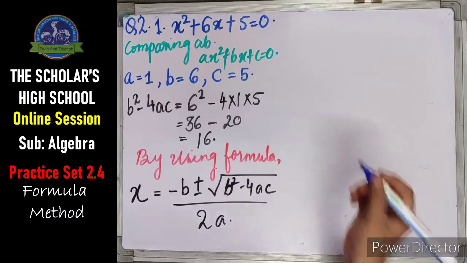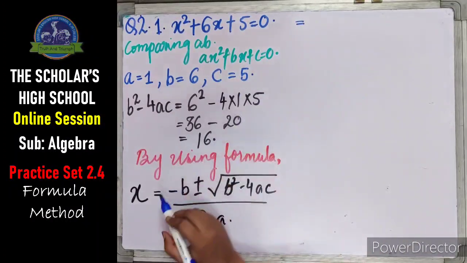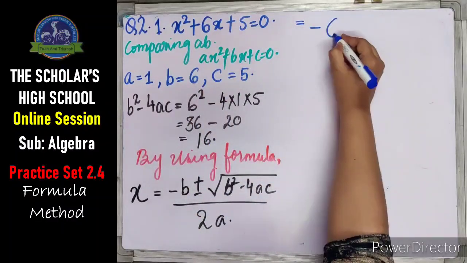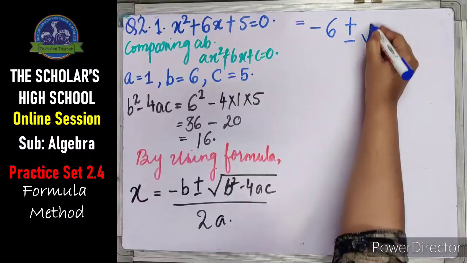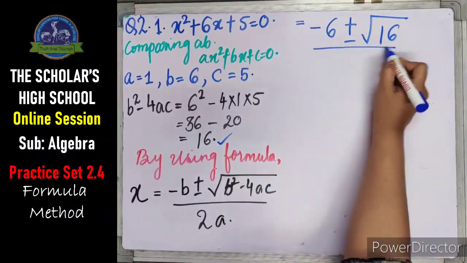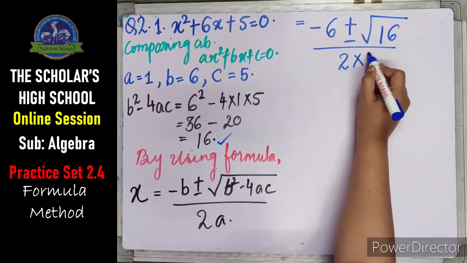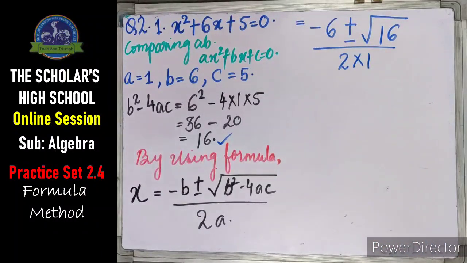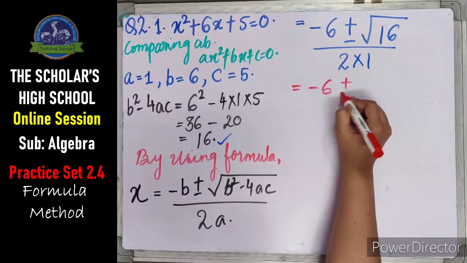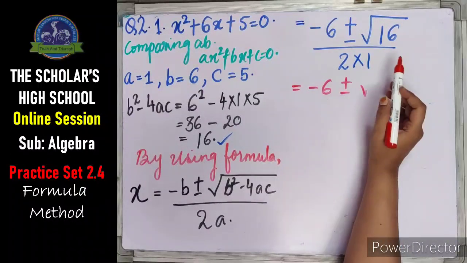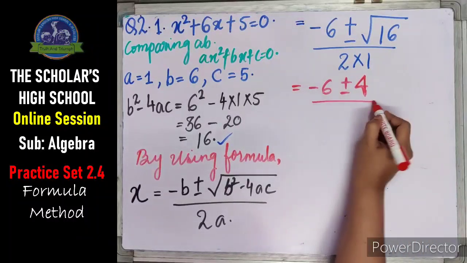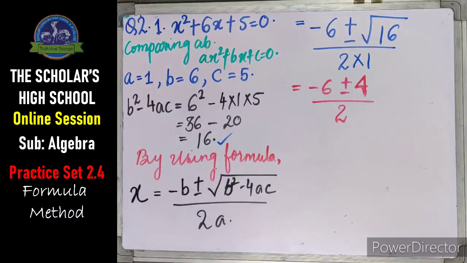Now we are going to put them in the formula. x equals minus, from the formula, the value of b is 6, plus minus under root b square minus 4ac, which is 16 as we found here, upon 2 multiplied by 1. 2a will become 2 multiplied by 1. So it equals minus 6 plus minus the root of 16, which is a perfect square. The root of 16 is 4, upon 2 ones are 2.